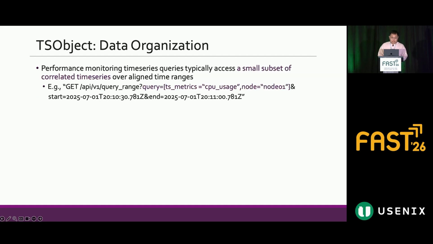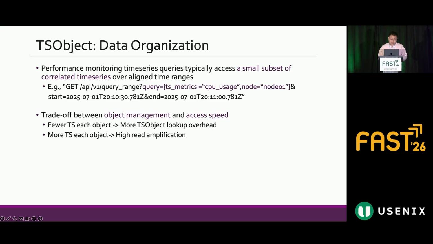And also we show how we organize the data in the object. As we mentioned before, for each query, we need to indicate the combination for the tag pairs. So each query here also needs to access a small subset of the correlated time series over the aligned time ranges.